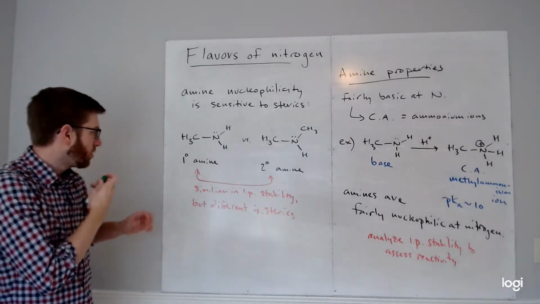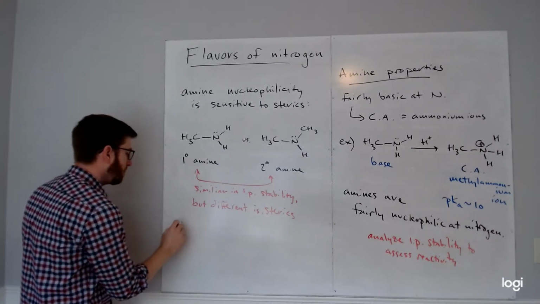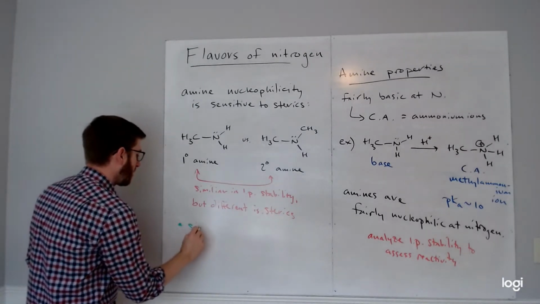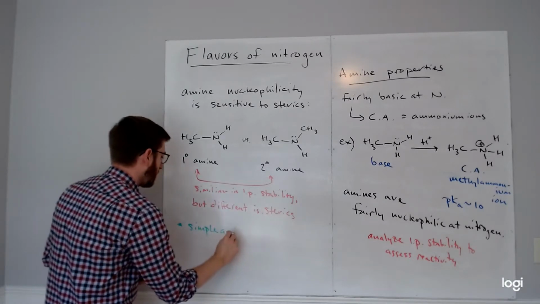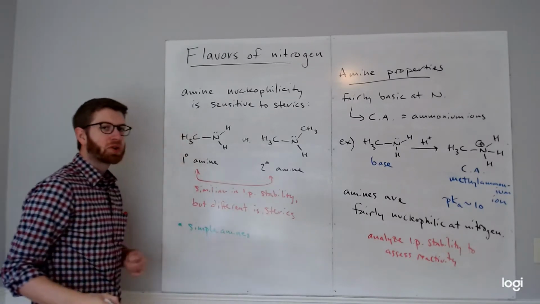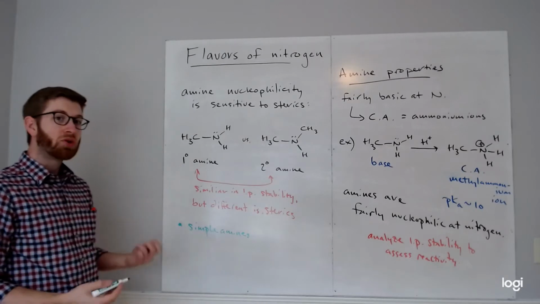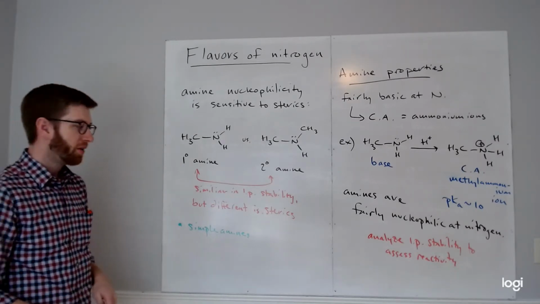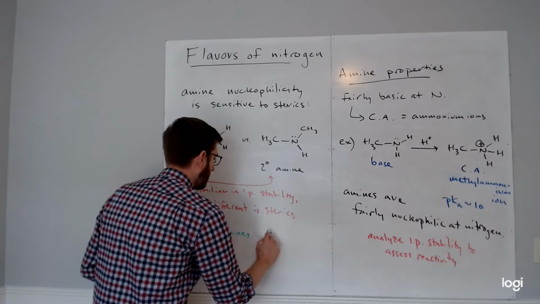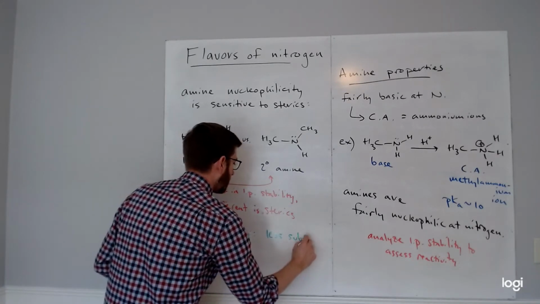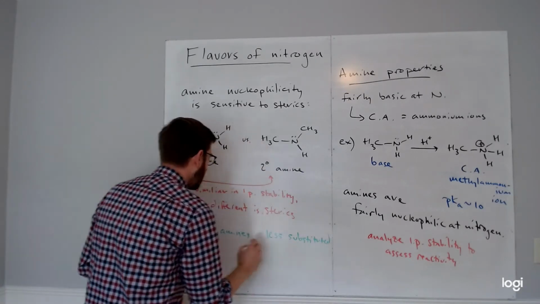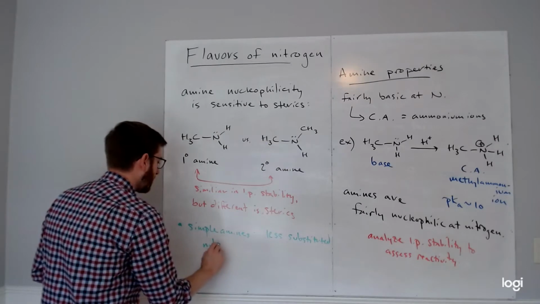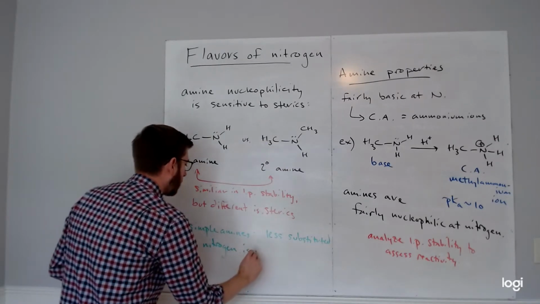And what we can conclude here is that for simple amines, there's going to be a strong correlation between the substitution, or the degree, and the nucleophilicity. Less substituted nitrogens are more nucleophilic.